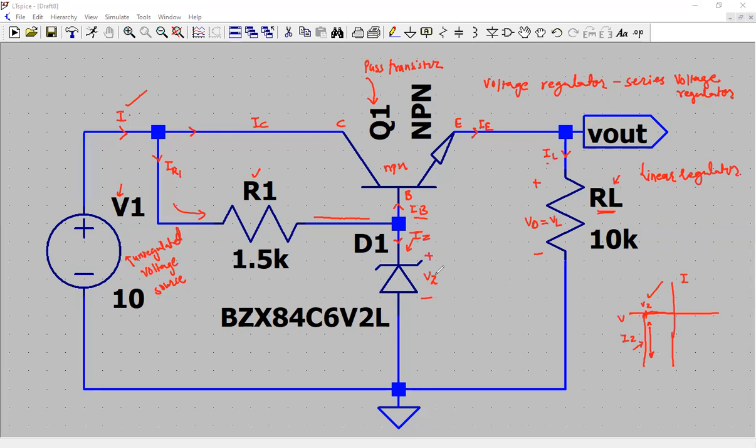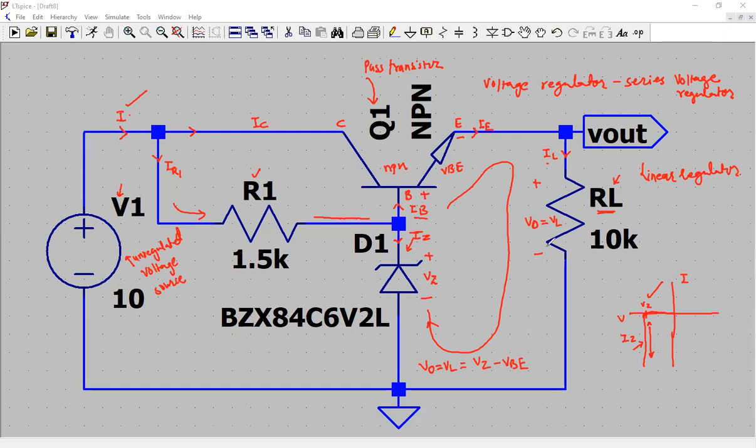So you can see now the base is positive with respect to the emitter. So there is a voltage drop VBE, and you can apply a KVL into the loop, and we see the output equation, that is let's say VO, output voltage, which is equal to VL, which is VZ minus VBE. So we have seen that.